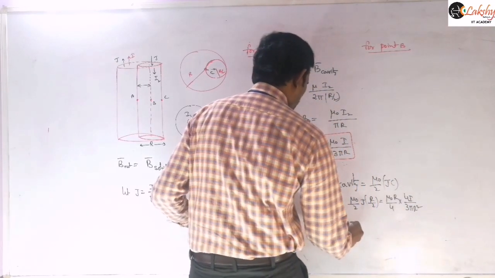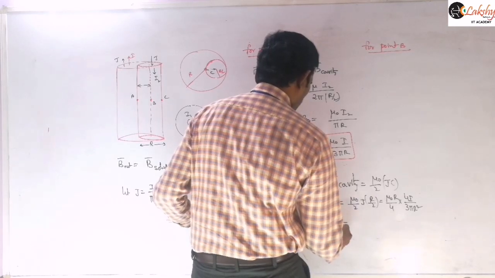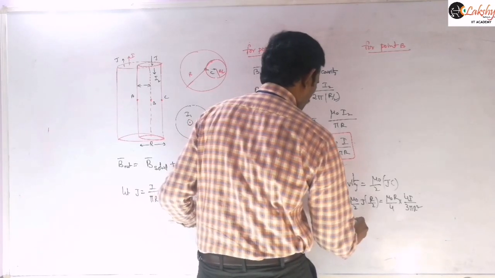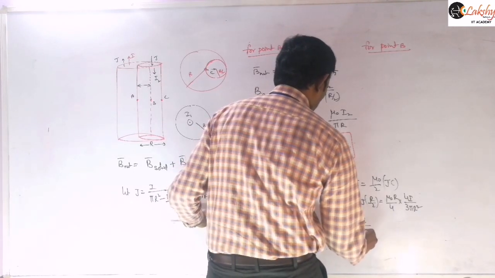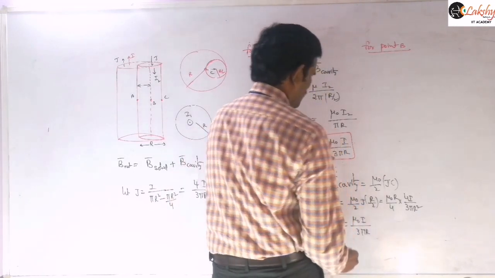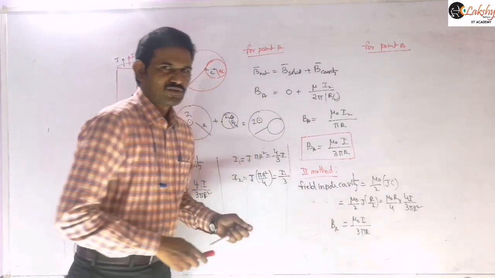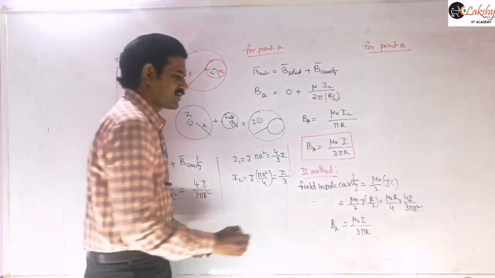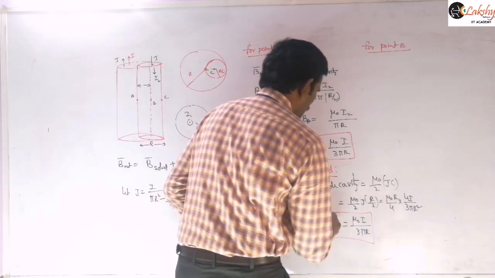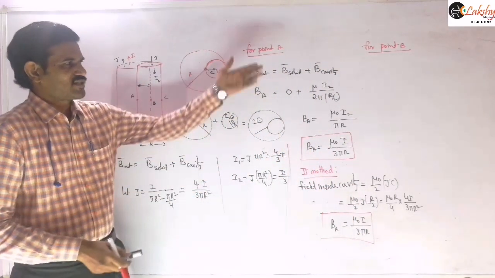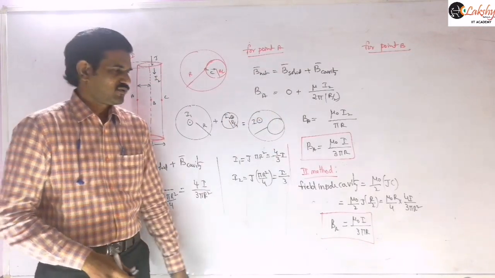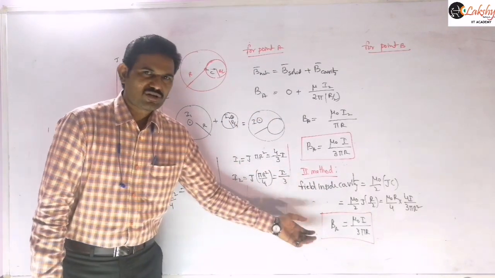Now simplify that. You will get the magnetic field at that point A as mu naught I by 3 pi r, which is exactly the same as this. As we already know this formula, you can also apply this formula here. Actually this method is easy for you. So I am explaining the procedure, the same procedure that we can follow there. So now we can also solve like this here.